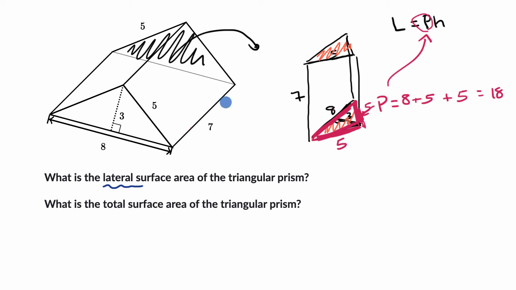That's the perimeter. And then what's the height here? Well, we see that the height here is 7.